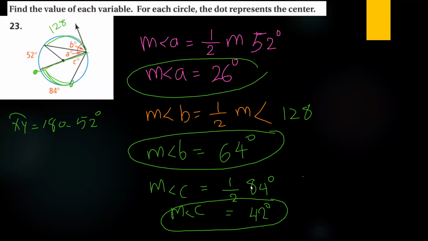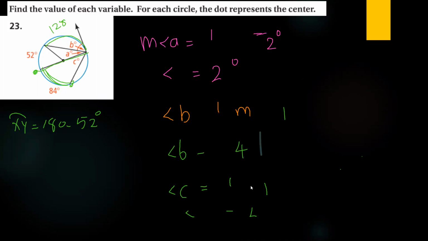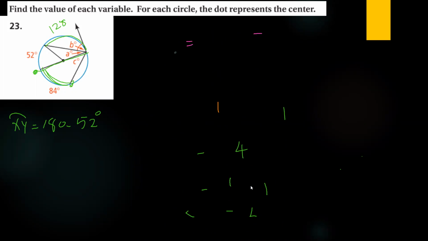So if you have here, let's try. Now imagine here we have angle D. So the measure of angle D will be half the measure of the intercepted arc.